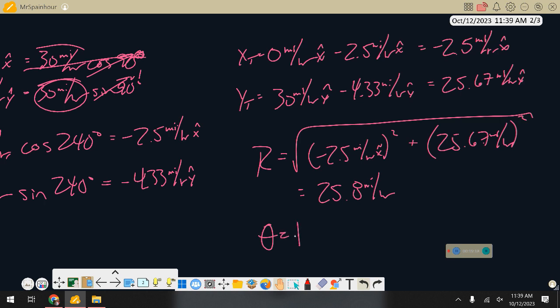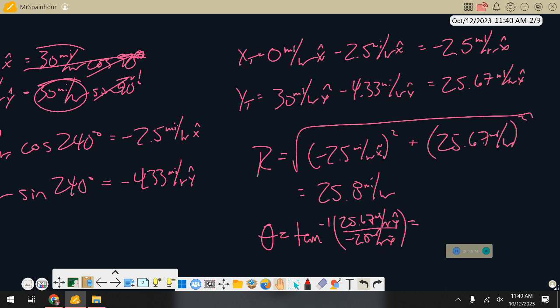And my angle will be the inverse tangent of y, which is 25.67, over x. So the inverse tangent, warning ahead of time, it's going to screw up, actually tells me negative 84.4, which is down in the fourth quadrant.